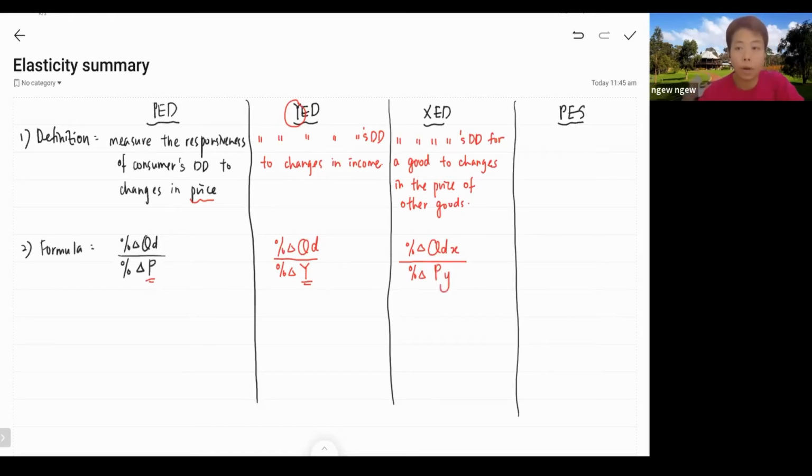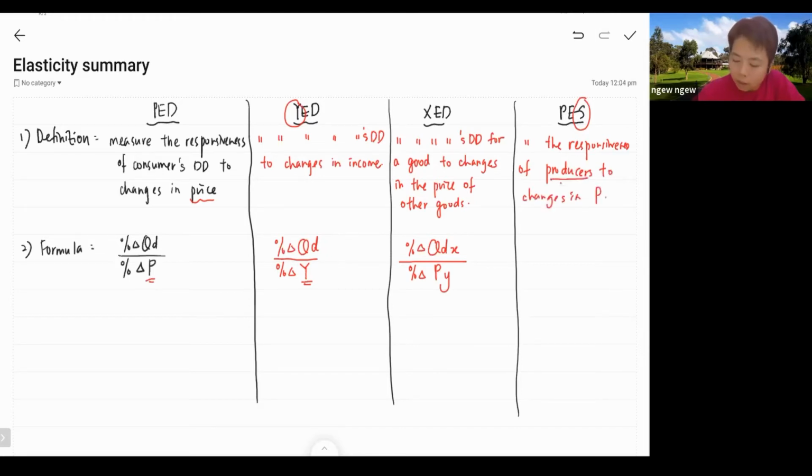And now for PES, the change is at the back, but the variable is still price. So it measures the responsiveness of the producer, instead of the consumer, to changes in price.